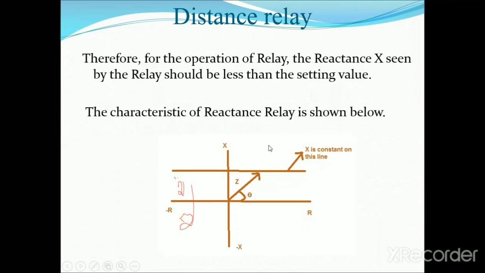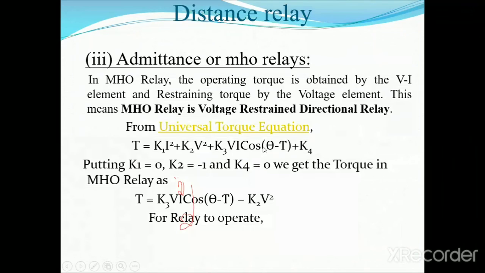Out of this region the relay does not operate. This is the positive torque region and this is the negative torque region. In this positive torque region only the relay will operate.